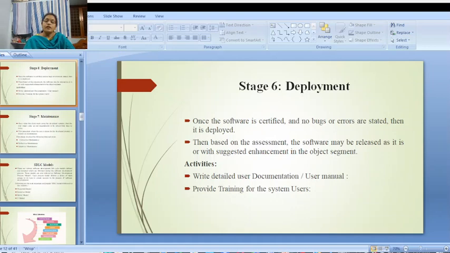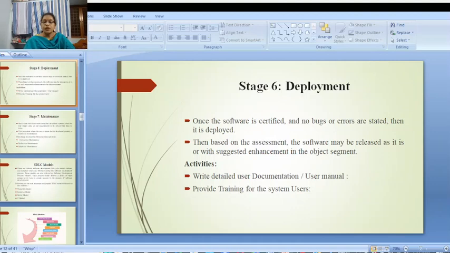And providing training for the system users, maybe if they are new to those softwares. So it is very important to give training to employees and users.